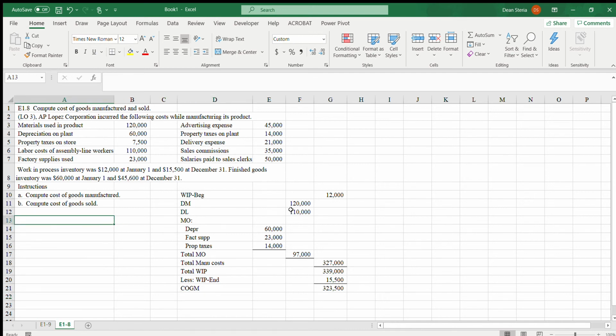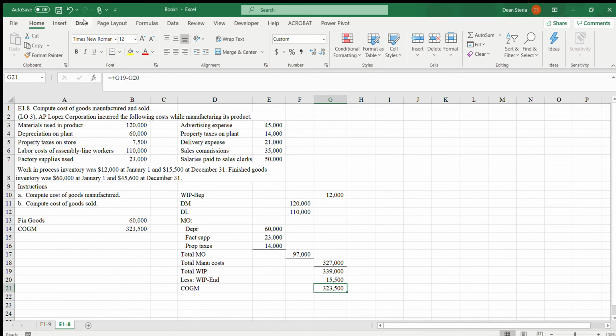Now when we do the cost of goods sold, it's going to be basically the same type of idea. We're going to take our beginning WIP, or I'm sorry, our beginning finished goods. So we have our finished goods, which are 60,000. They tell us right here, and then their ending balance is 45. So I'm going to add my cost of goods manufactured, which was $323,500. Okay, we calculated it right there.